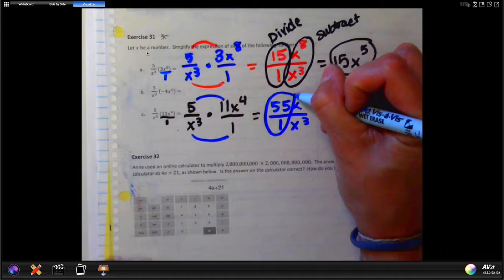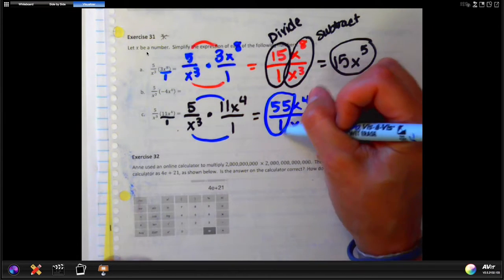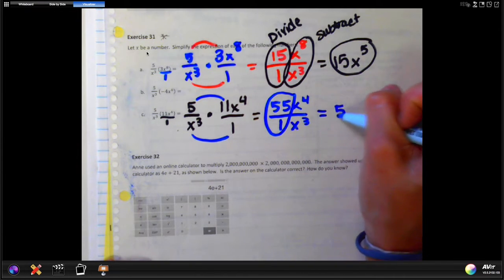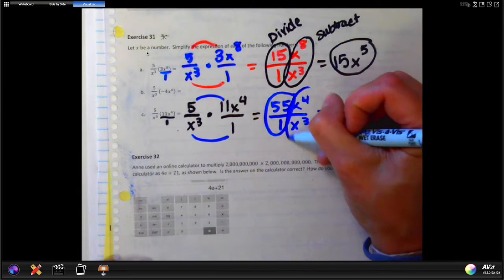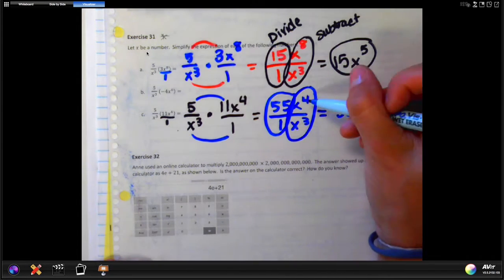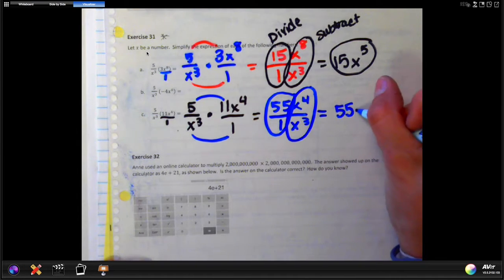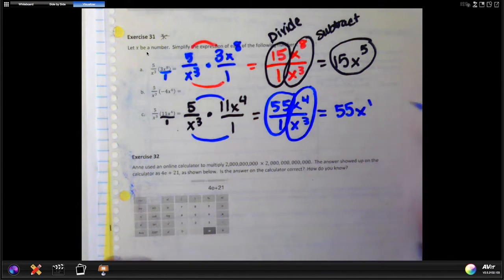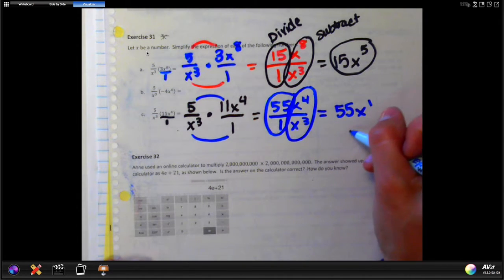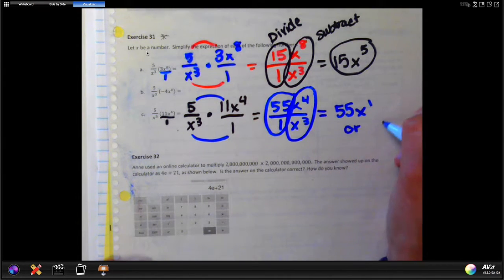The base numbers, 55 divided by 1 is 55. And then for our exponents, fraction subtraction, we want to do 4 minus 3. So we get x to the 1 power, but we just learned a second ago that we don't usually write that. So our final answer is just 55x.